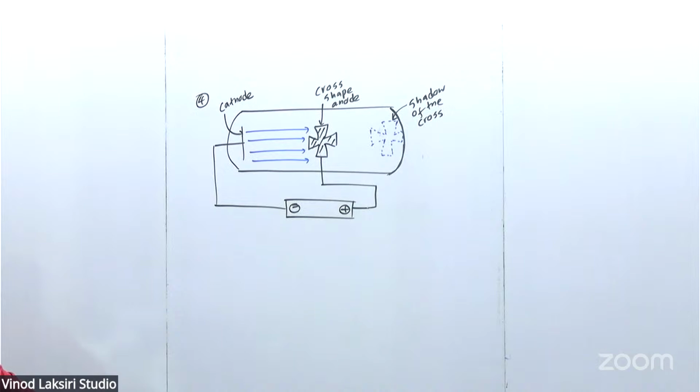After the diagram, write down: the placement of the shadow proves that cathode rays emit from the cathode and they travel in a straight line.